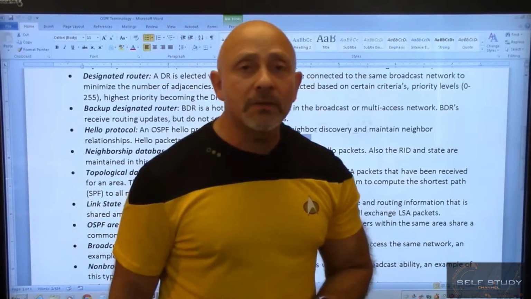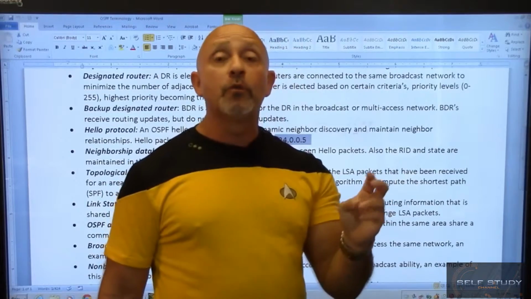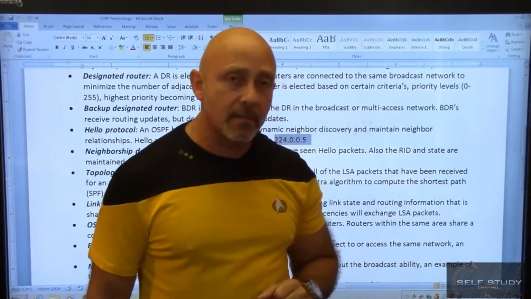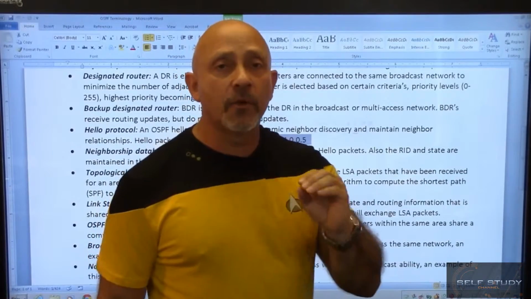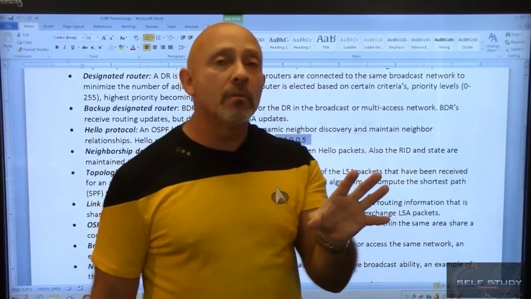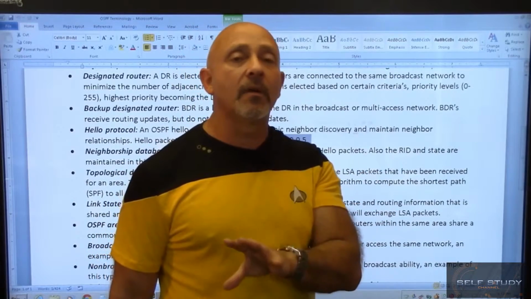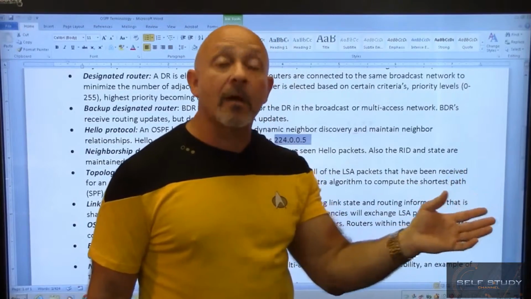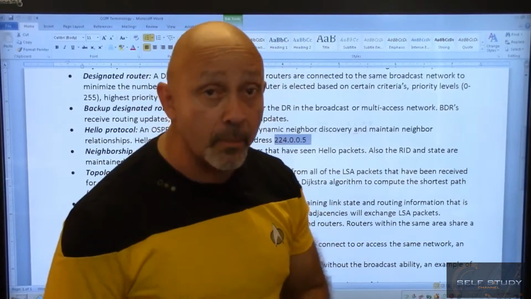But in a multi-access network, you're going to use 224.0.0.5 and 224.0.0.6. The 6 is for the DR and BDR. That's why there are two multi-access IP addresses used in OSPF: one for standard routers, one just for DR and BDR purposes.